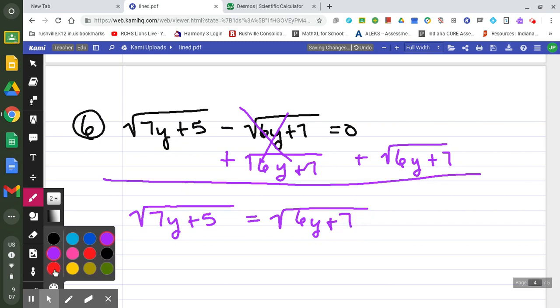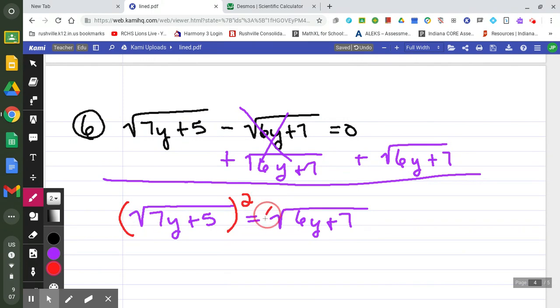To get rid of the radical signs, because they are square roots, I will square both sides of the equal sign. And when you square a square root, you're getting rid of the radical sign. So now I have 7y plus 5 equals 6y plus 7.